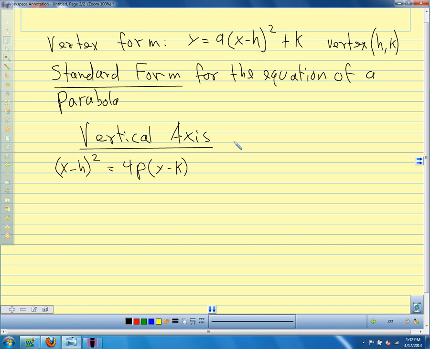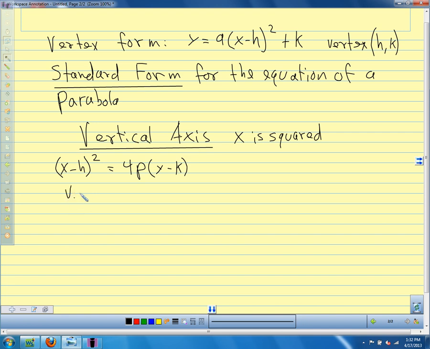The way we know that our axis is vertical is that the x part is squared. So when we have a vertical axis, x is squared, and that tells us it opens up or opens down. This is our standard form.